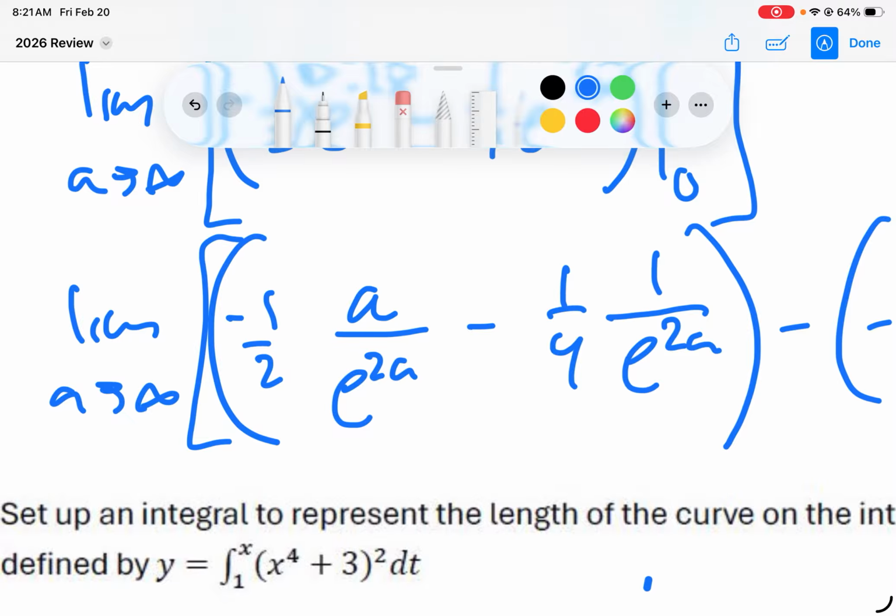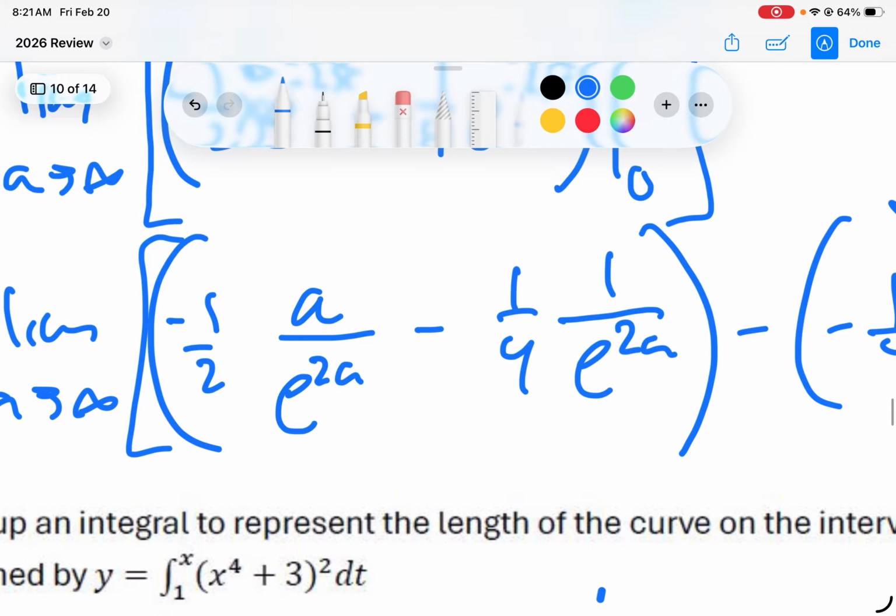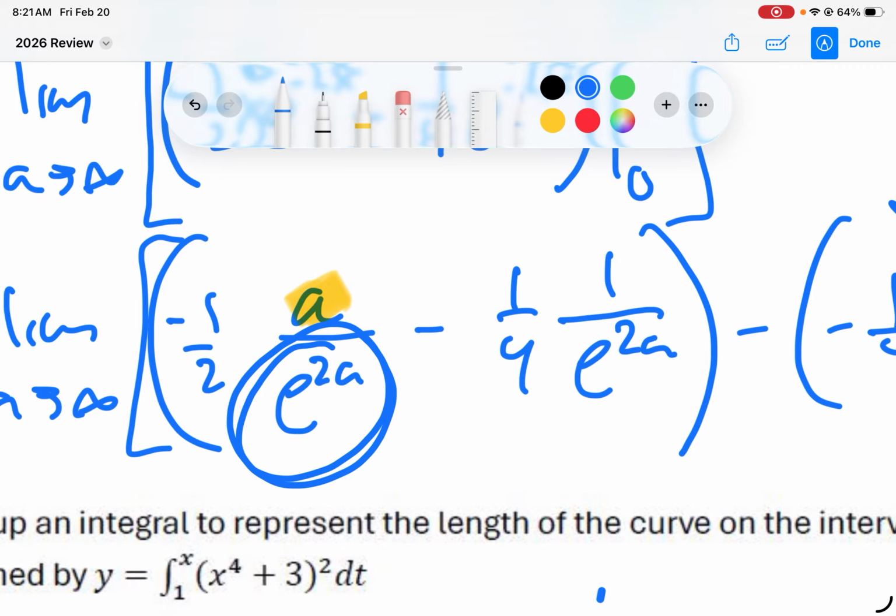As a gets huge, we could do L'Hopital's rule here, really, because in this one, as a approaches infinity, I have infinity over infinity. But I could also see that as a approaches infinity, the bottom is growing much faster. If I took the derivative of the top, I get 1 over e to the 2a still.